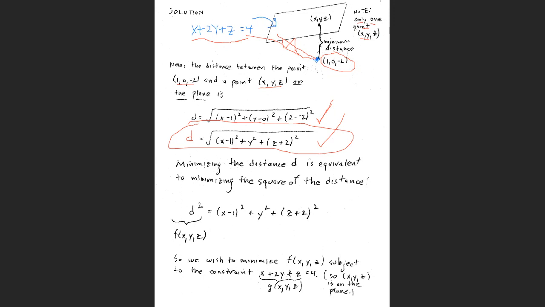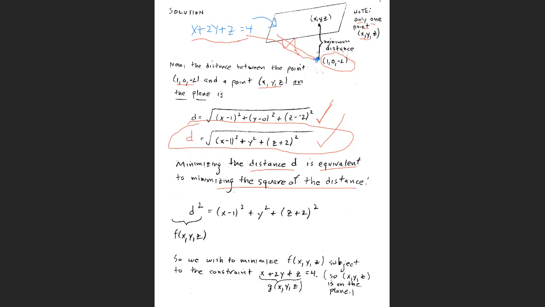So we do a little trick here. Minimizing the distance d is equivalent to minimizing the square of the distance, because it's a one-to-one correspondence between the distance and the distance squared.